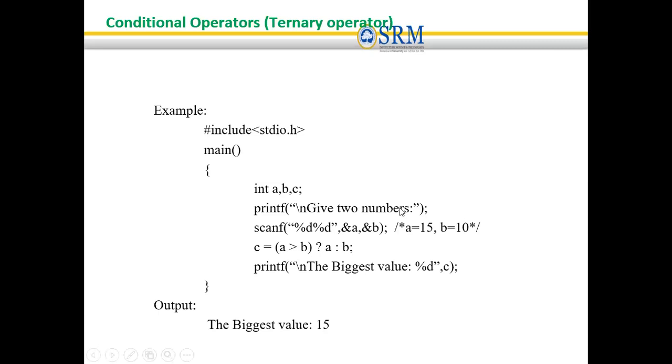According to these values, A is equal to 15 and B is equal to 10, so this condition is true. So A is the result, and the value of A will be stored as the result in C. After executing this expression, the final output will be: the biggest value is 15.